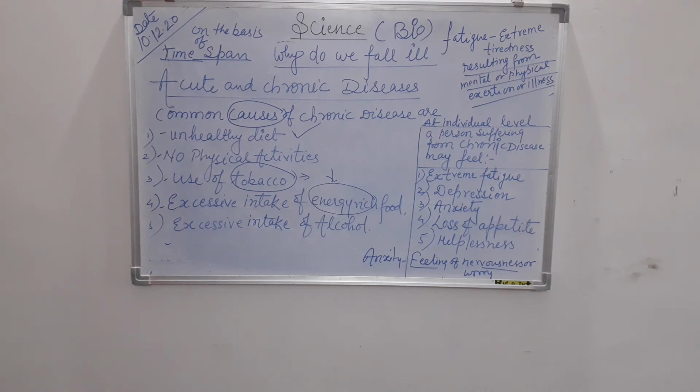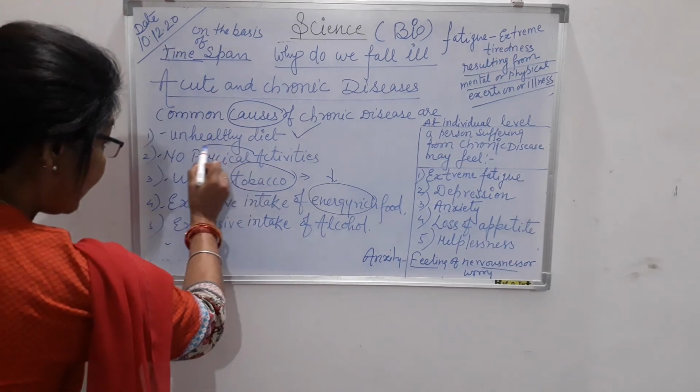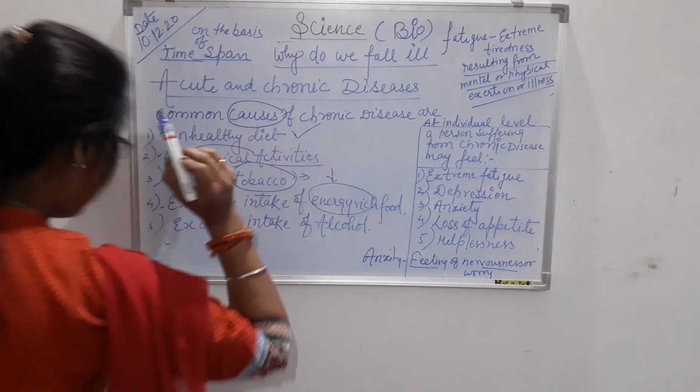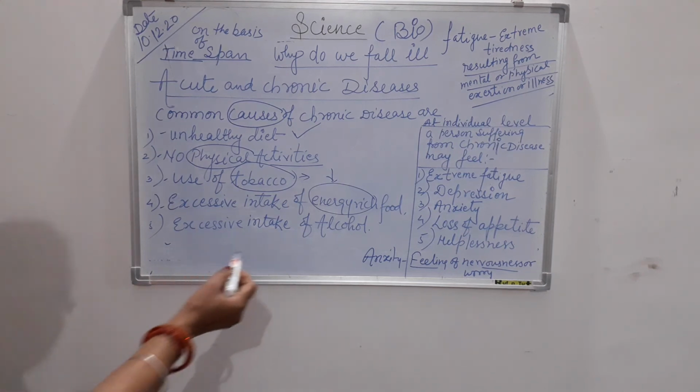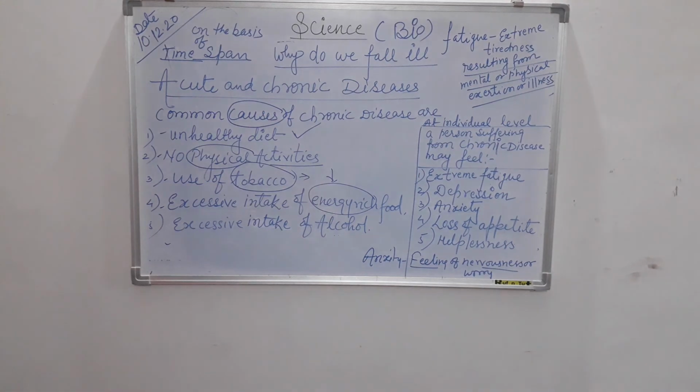Everybody should improve physical activities, which is important. Drink lots of clean water. Avoid intake of excessive alcohol and control body weight. Take healthy diet with less sugar, spices and salt.